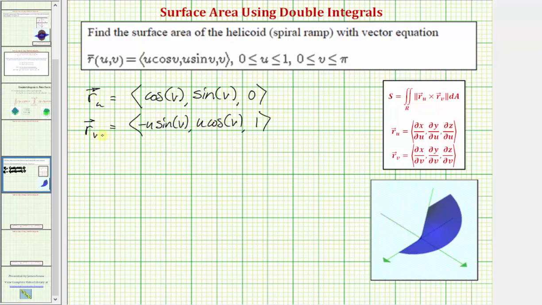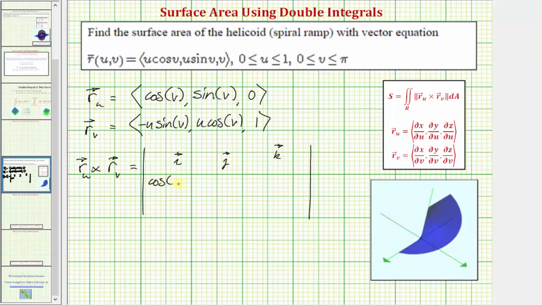And now I need to find the cross product of these two vector-valued functions. So the partial of r with respect to u crossed with the partial of r with respect to v is equal to the 3×3 determinant, where the first row would be i, j, k. The second row would be the components of the partial of r with respect to u.